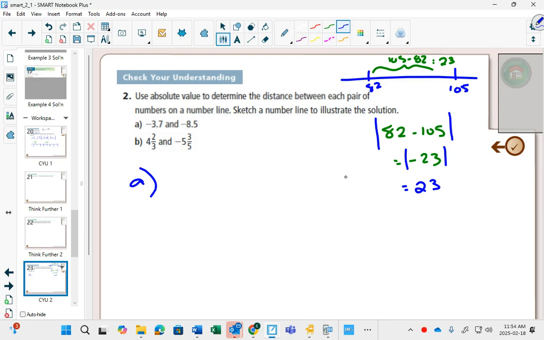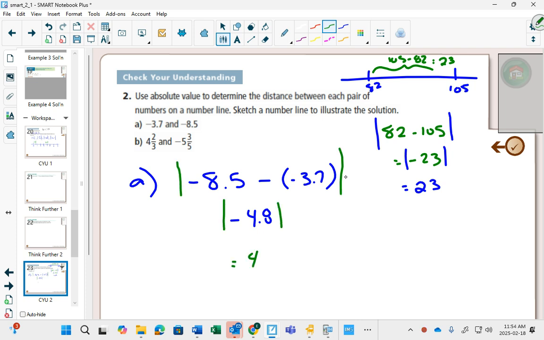In reality, negative 3.7 is bigger than negative 8.5, but you might accidentally put them in the wrong order. And then you do your math, and you get negative 4.8. The distance between them should be positive 4.8. I could just go back and add absolute values. So I think that might be one of the things that they want you to see with using the absolute values to figure things out.